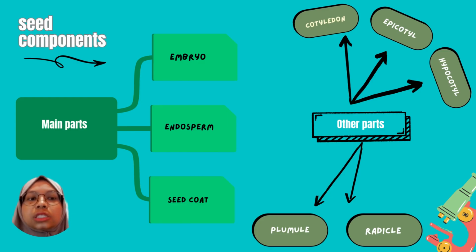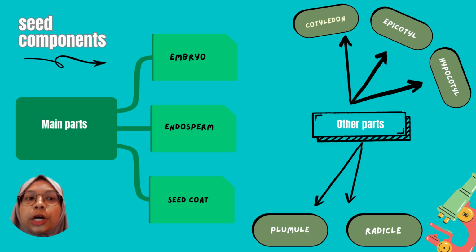The next is the components of a seed. The seed has several important structures. The first is the embryo. This is the young plant inside the seed. It contains the plumule, which develops into the shoot system, and the radicle, which grows into the root system. The second is the endosperm. This is the stored food supply that provides nutrients during germination.